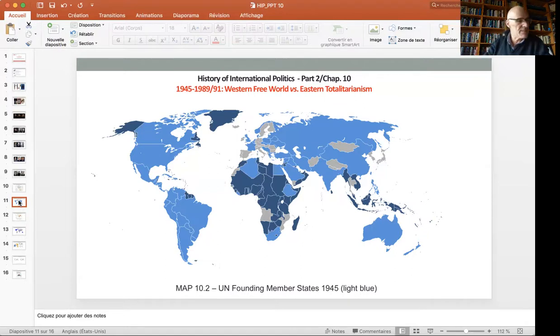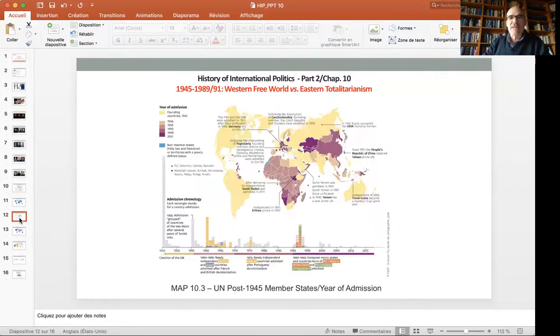Former colonies were admitted once they were independent, immediately after their independence, once again, whatever their regime. And this explains that nowadays we have 193 member states, and no longer merely 51 as some 70 to 80 years ago in 1947.